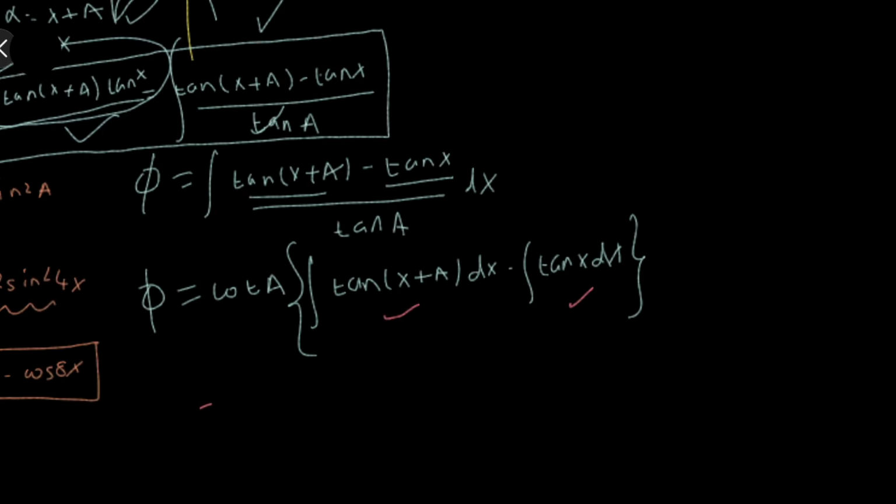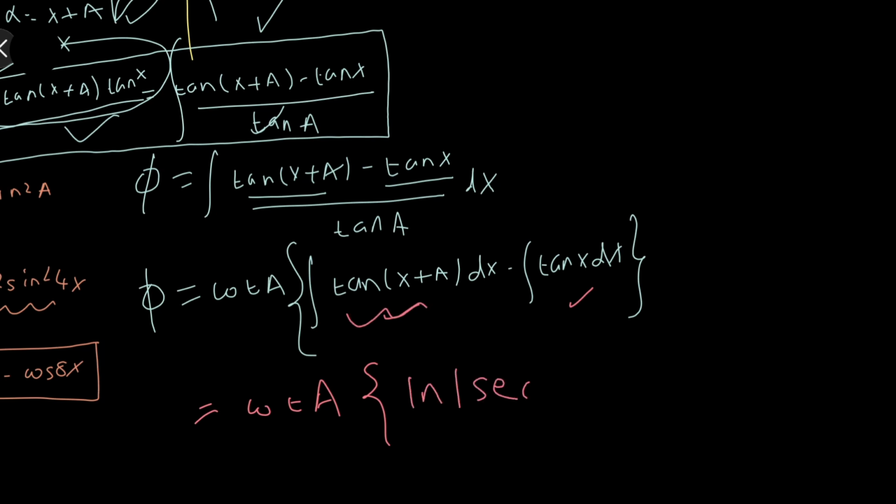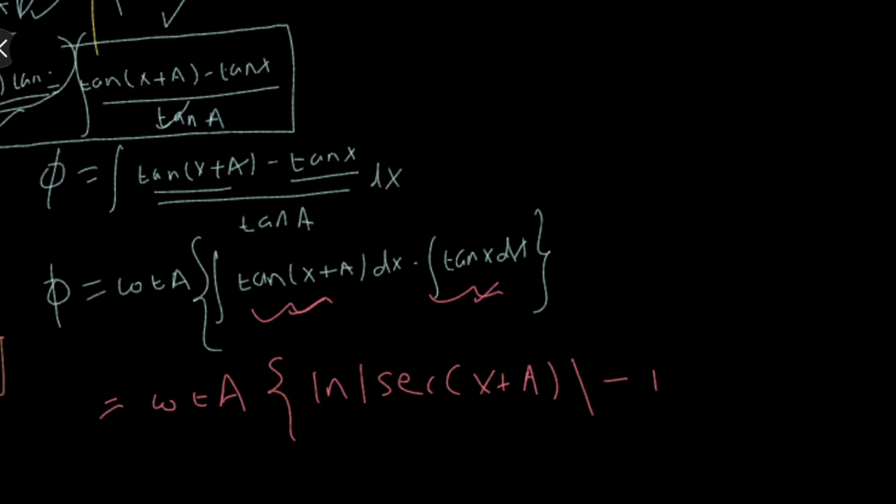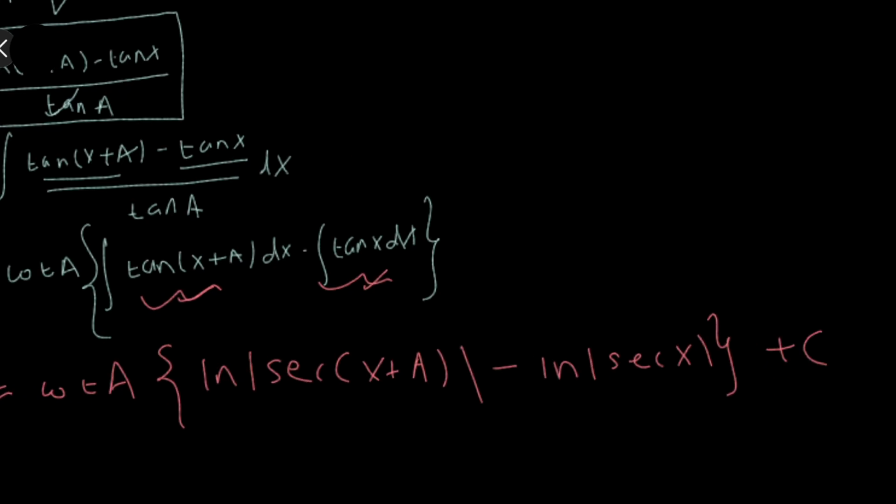So by doing that, we will have the value here as cot of a multiplied with the integration of this, which would be natural log of sec of x plus a, the modulus closed, minus the integration of this one, which would simply be natural log of sec of x, the modulus closed, the bracket closed, and plus the constant c.